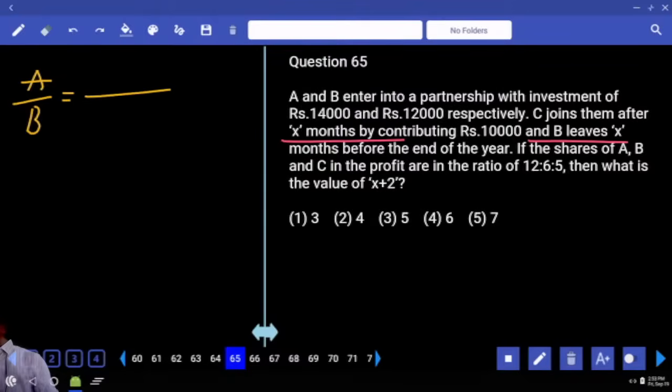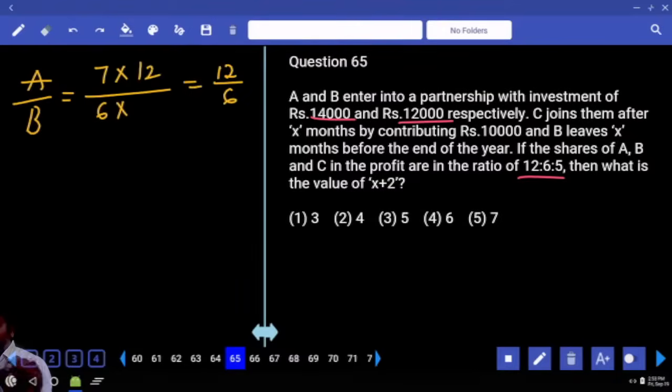Let me take A and B. A invested 14,000, B invested 12,000, so the investment ratio is 7:6. The profit sharing ratio at the end of the year is 12:6. A's time period from the beginning till the end is 12.